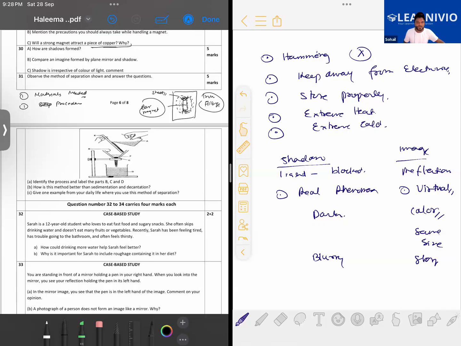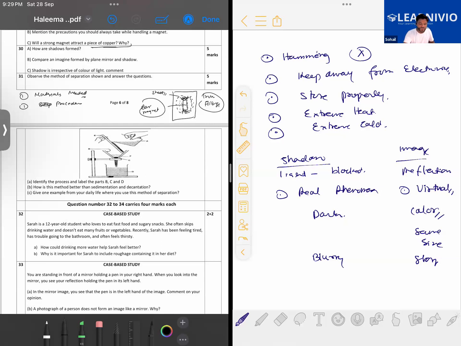Basically, the question is saying that we know shadow is formed whenever an opaque object blocks the pathway of light. Regardless of whether the light source is white, red, blue, or any color, the shadow will still appear as a darker region on any given surface. Whether white light, red light, or green light falls on the opaque object, a dark region is always formed on the opposite side on the screen.